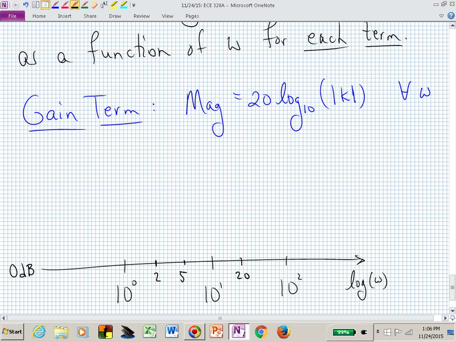Capital K, let's say, is 10. What's that in dB? Log of 10.